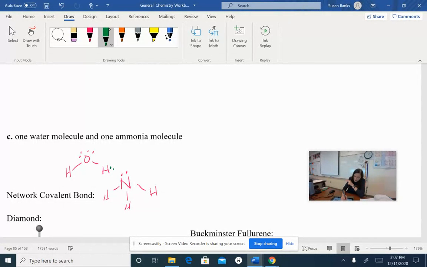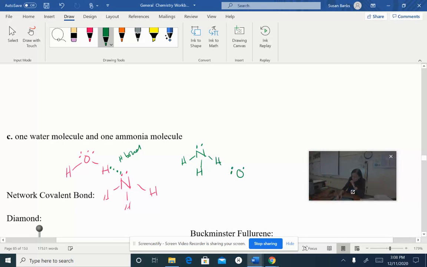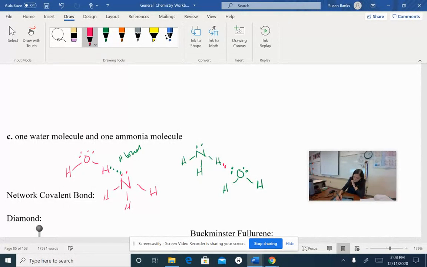So would I have a hydrogen bond there? Yeah, that would be an H bond or a hydrogen bond. Could I also flip it around? You betcha. I could definitely flip it around. So I could do a nitrogen or an ammonia, and I could have it be attracted this way to a water. Right there. That could also be an H bond.